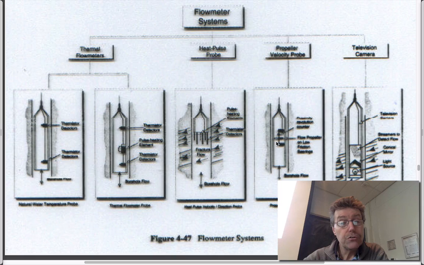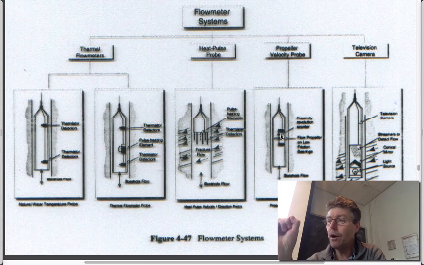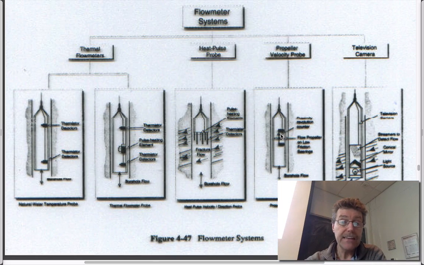You can use a hot wire anemometer. It has a hot wire. If there's flow in the borehole, it will heat up water, which will then travel from that heated point across a sensor to go somewhere else. And so if you see heated water coming across your thermocouple, it means there has to be flow in the borehole, and you can use that to say something about the flow velocity.